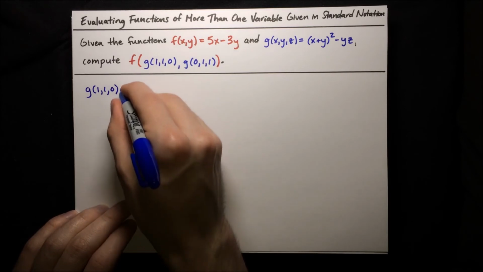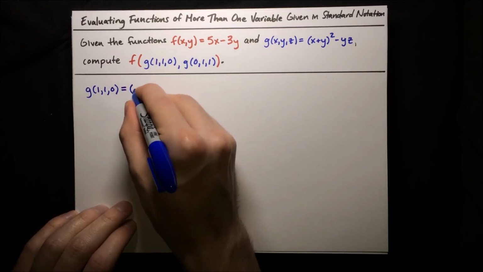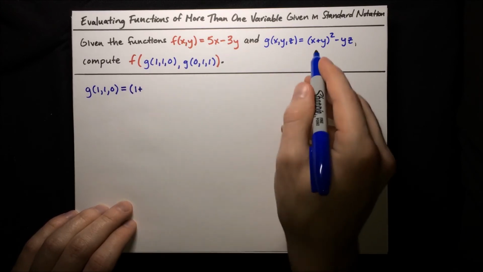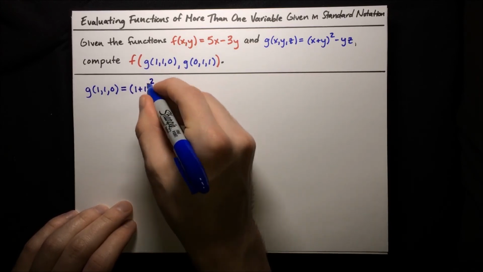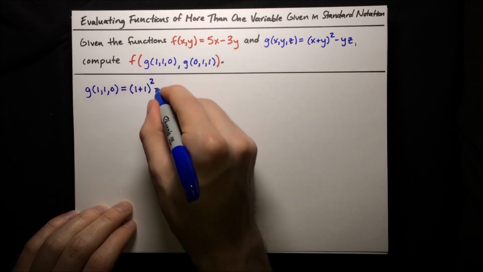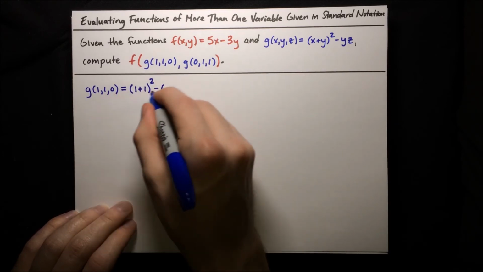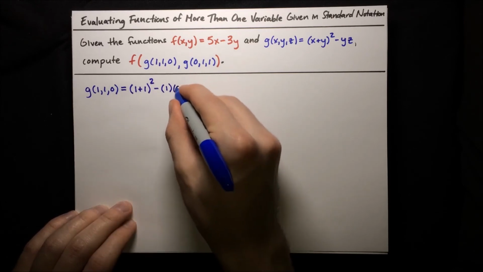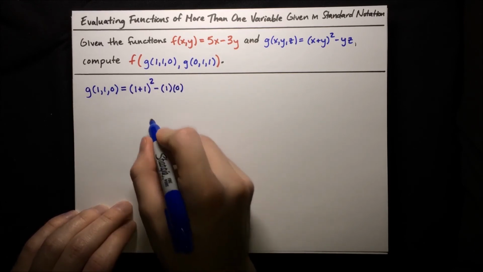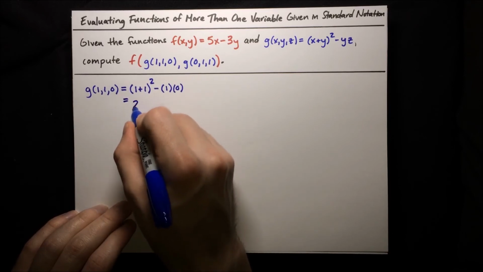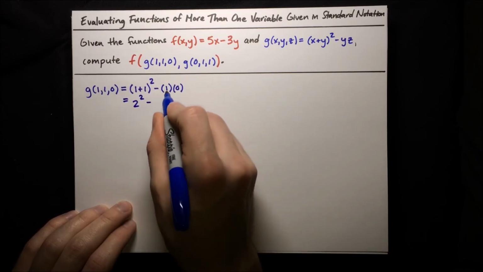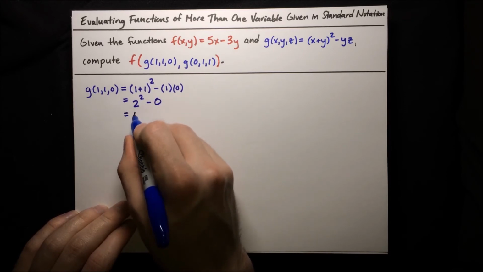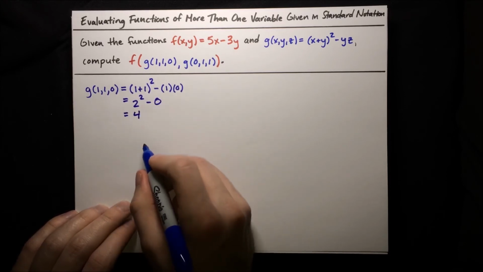So let's go ahead and do this. 1 goes in there for x, and then plus 1 for y, and then that's squared, and then minus y times z. So minus y is 1, and then z is 0. So minus 1 times 0. 1 plus 1, that's 2, then squared, minus 1 times 0 is 0, so 2 squared is 4, and then minus 0, so still just 4.